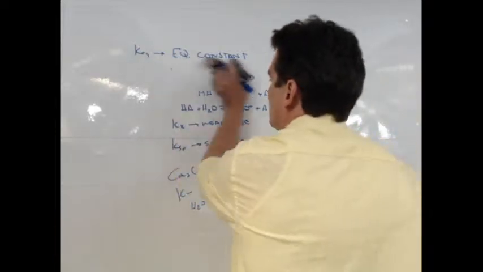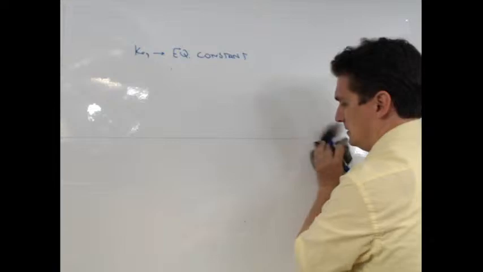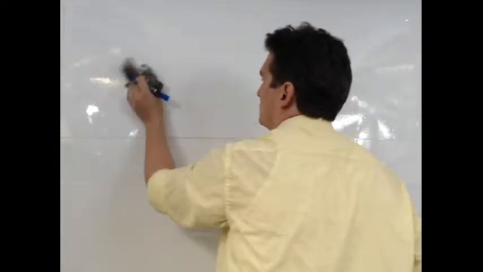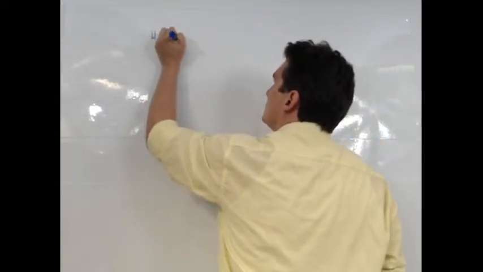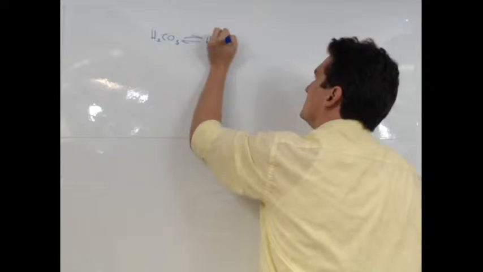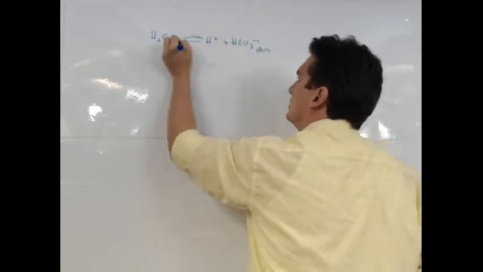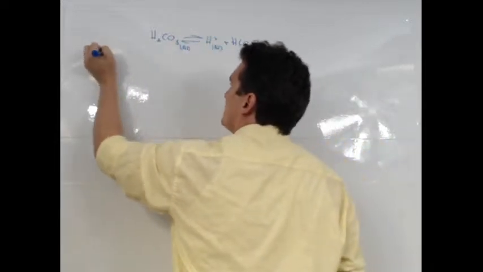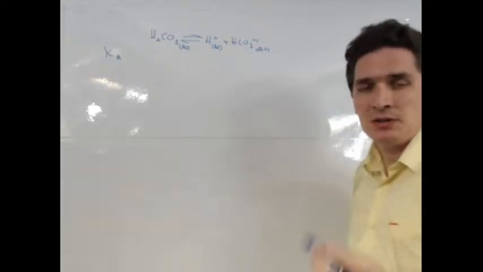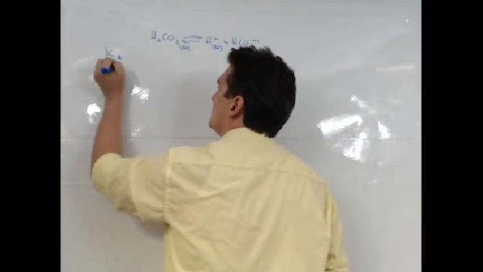So for the problem we solved using a quadratic, typically what you'll get, let's say we have H2CO3 dissociating into H plus and HCO3 minus 1. And there is some Ka associated with this, but we're not going to worry with the number. And we've got some starting concentration of H2CO3.